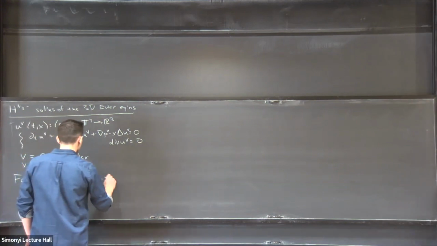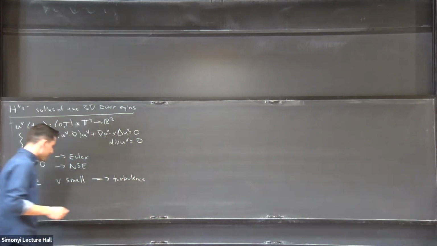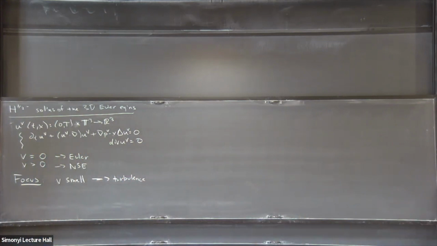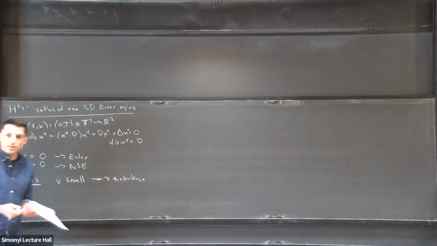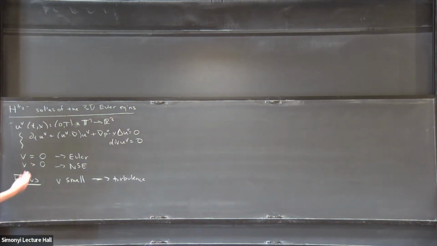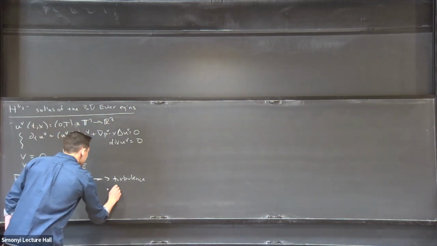So this is where we see turbulence. And of course, a complete description of turbulence is not something that I can hope to give you. What I will settle for is to pick a few properties of turbulent flows and try and exhibit solutions which have those properties. So the properties that I'm interested in are dissipativity.